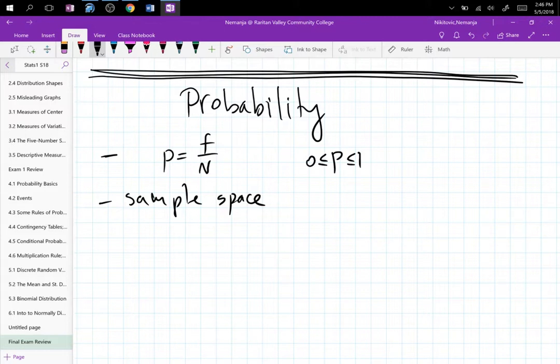Now, how likely is it to pull a card that you want? Well, it's the frequency of the thing that you want to get out of the sample space, which is everything that exists. So if I want to pick a red card, half of the cards are red, so the probability of picking a red card is 50-50.